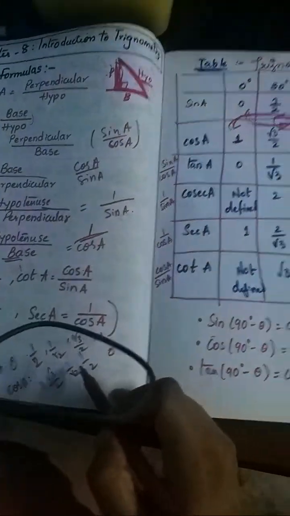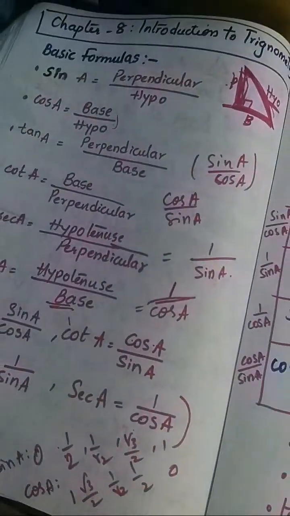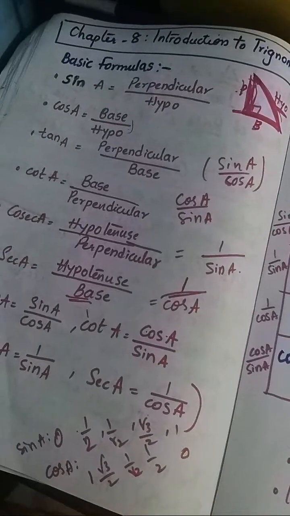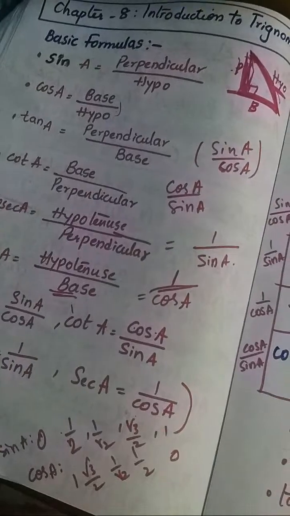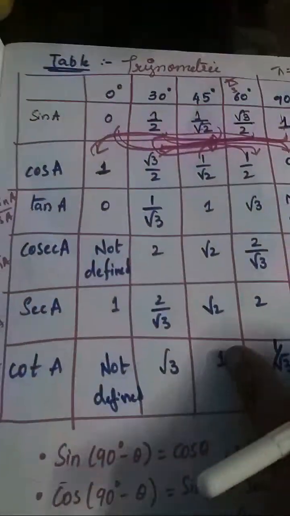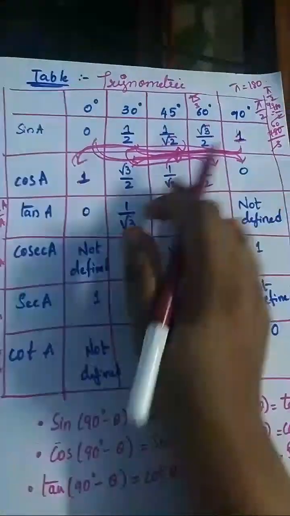Now see here children, we obtain the values. If you remember sine values, we automatically write cos values, reverse of sine.